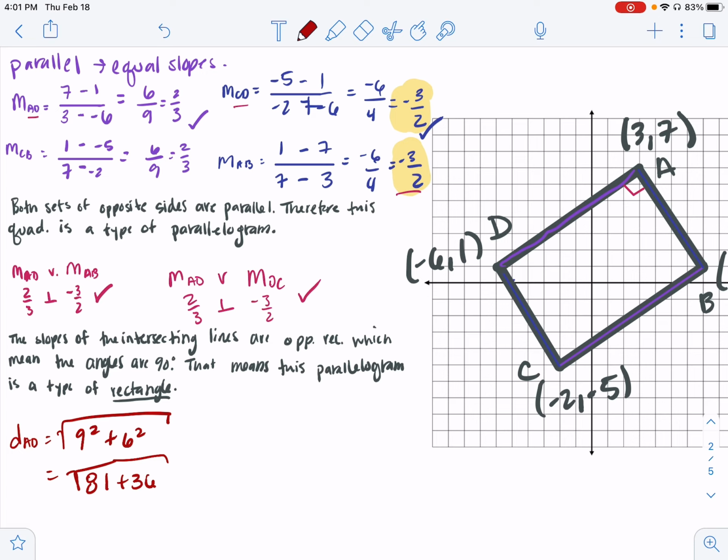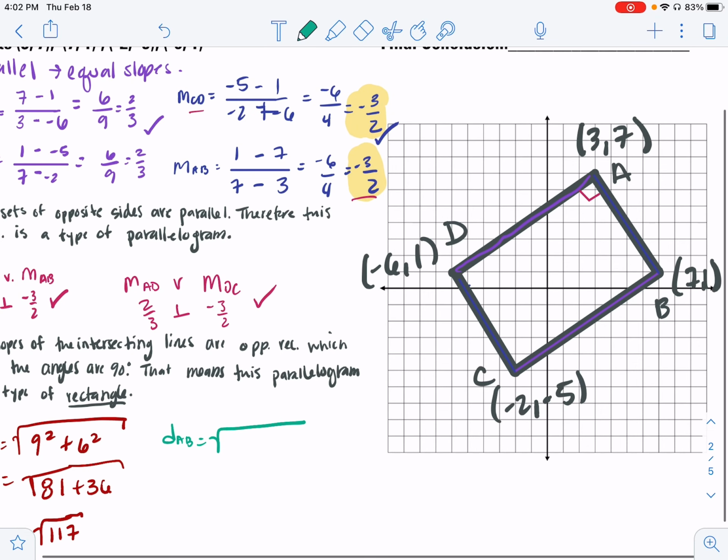Let me find my calculator. Don't feel like doing that in my head really quickly. 81 plus 36 is 117. So now we're also going to compare that to, so we just did AD, we want to compare that to AB. My change in x is between 3 and 7, so that's 4. My change in y is between 7 and 1, so that's 6.